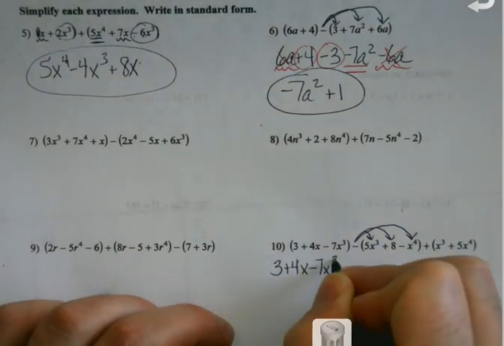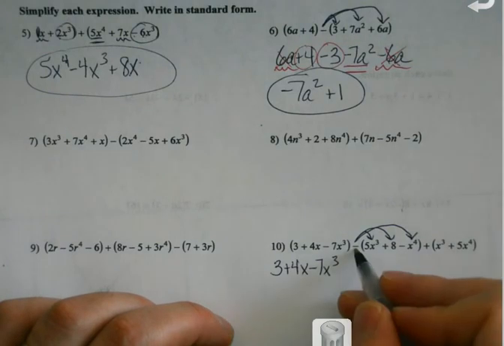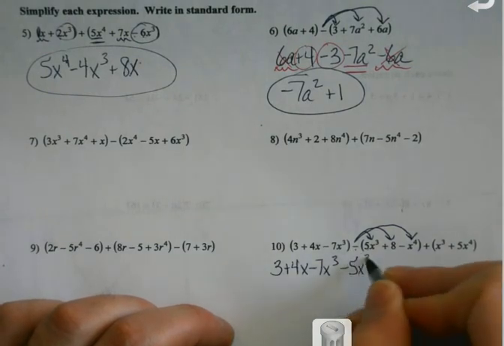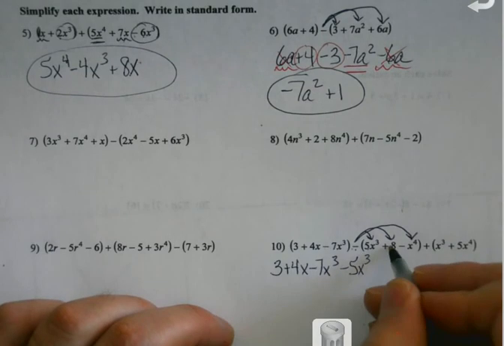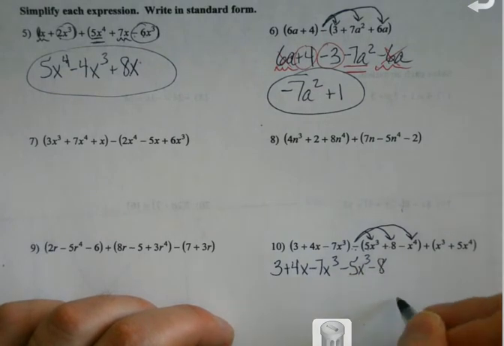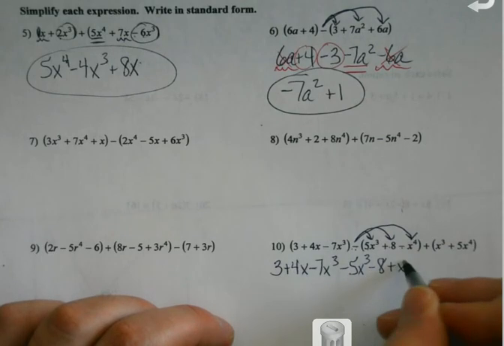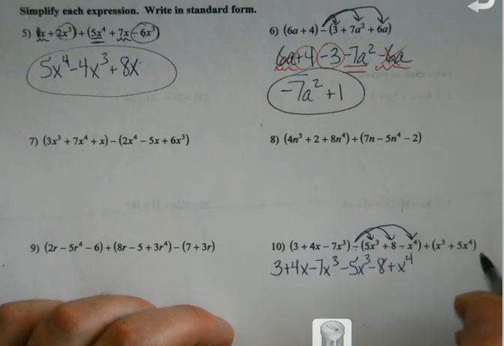I just don't make any changes. But wherever I see that negative, so 5x to the third becomes negative 5x to the third. 8 becomes negative 8. And negative x to the fourth will become positive because it changes the sign. No sign changes here with this being plus, so I'll just write those down.